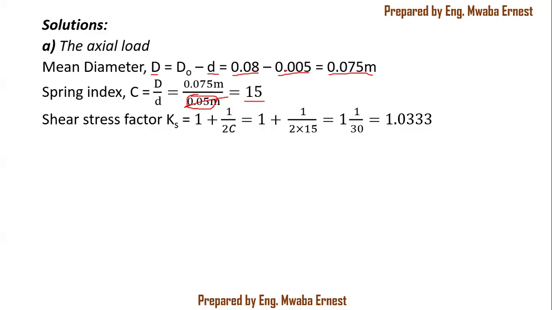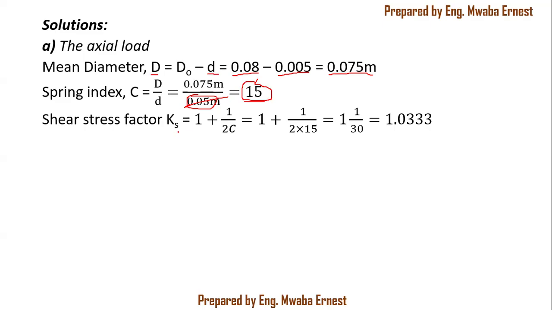So we have 0.075 divided by 0.005. That is how we arrive at the 15, as you can get when you enter it in your calculator. So it was just a typo that we wrote 0.0075, but it's supposed to be 0.005. But otherwise, this doesn't change the answer we have here. The answer we have here is still okay.